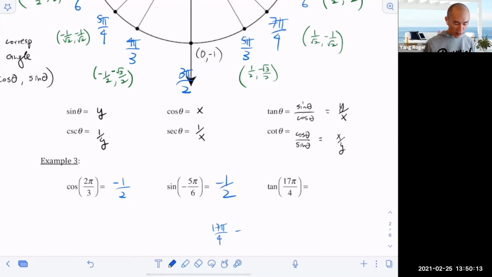We're going to subtract one 2 pi, which would be 8 pi over 4. Then we could subtract another 8 pi over 4, and look at the remainder. This first 8 pi over 4 just means you've gone around the circle once, and this means you go around a second time. So this totals to 16 pi over 4, right? So 17 pi over 4 minus 16 pi over 4 is equal to just 1 pi over 4.